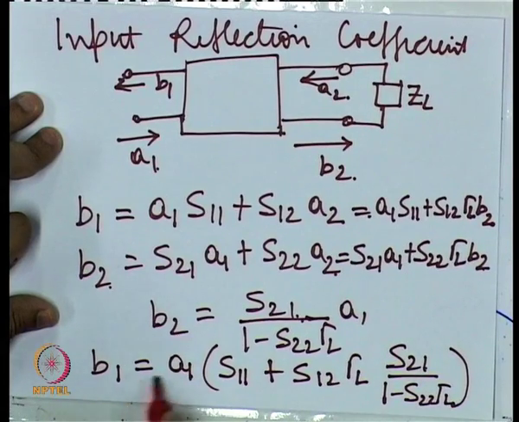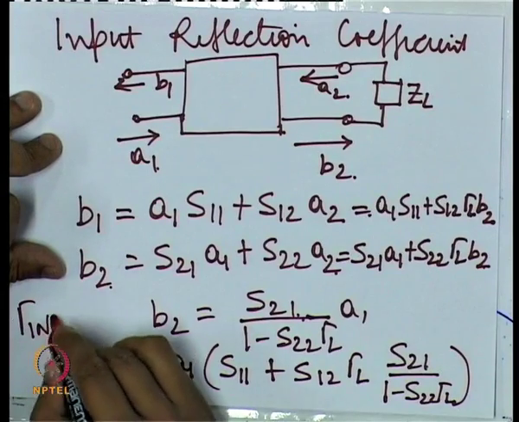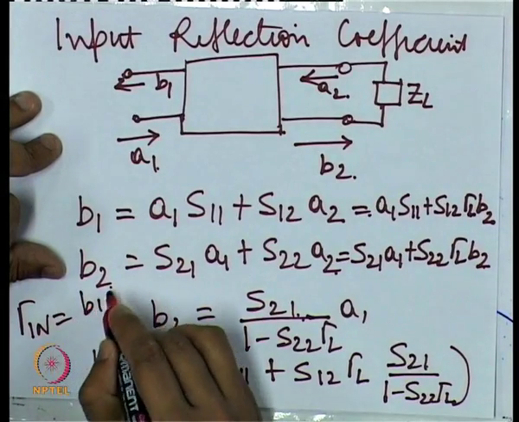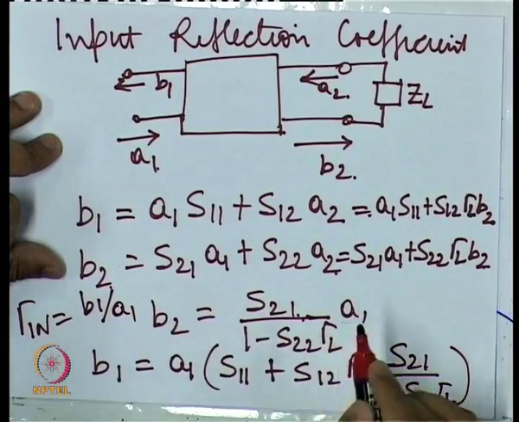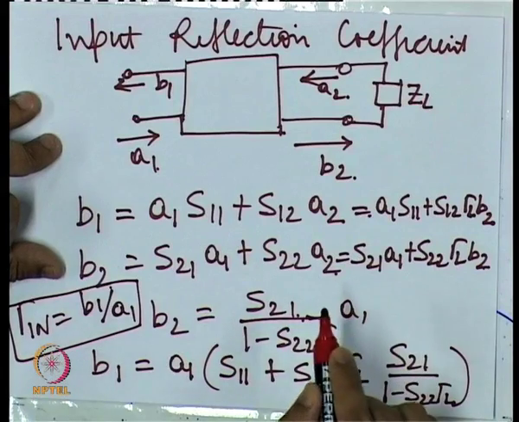Now, from here we can find an expression for gamma in, because gamma in, the input reflection coefficient, is simply given by gamma in is equal to B1 upon A1.